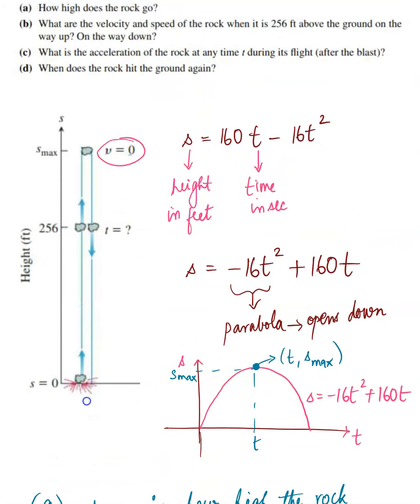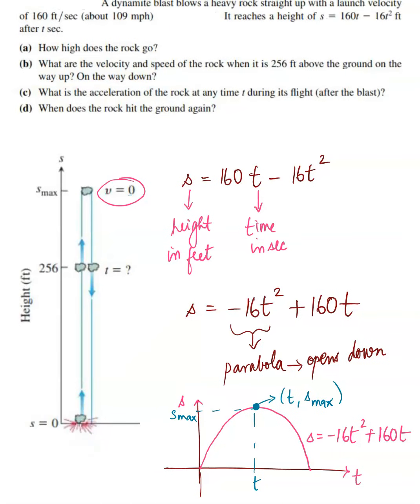What about the second part of the question? Part B says, what are the velocity and speed of the rock when it is 256 feet above the ground on the way up and on the way down? So we are looking at this information. You know that the maximum height, we just found this to be 400.